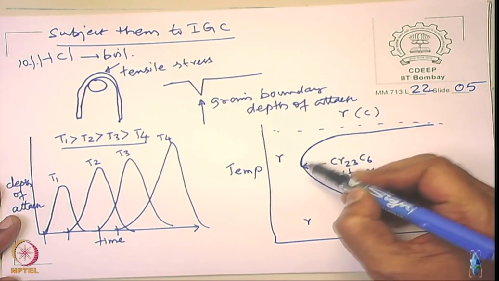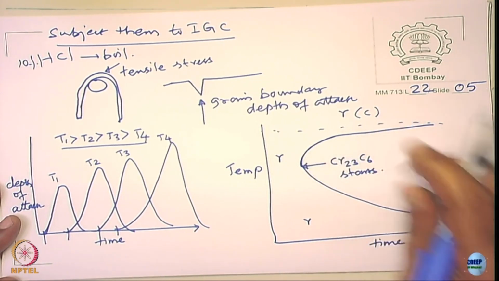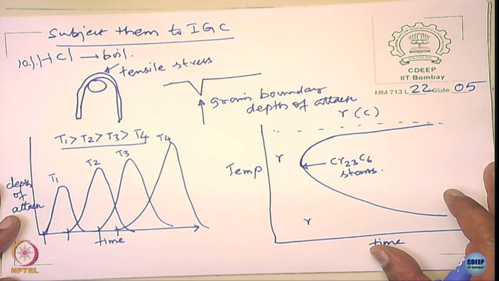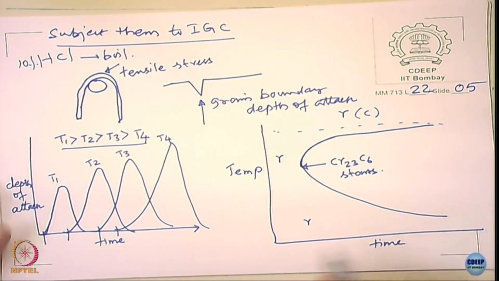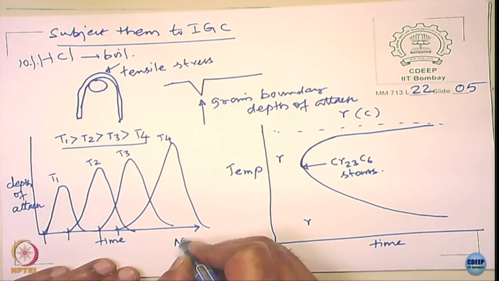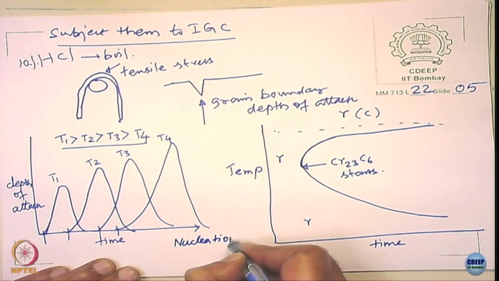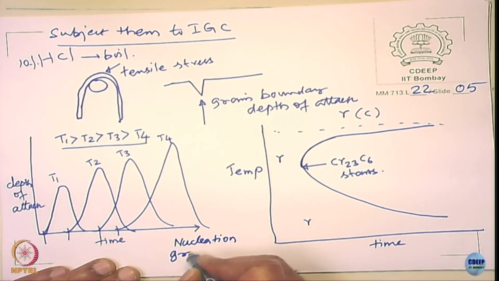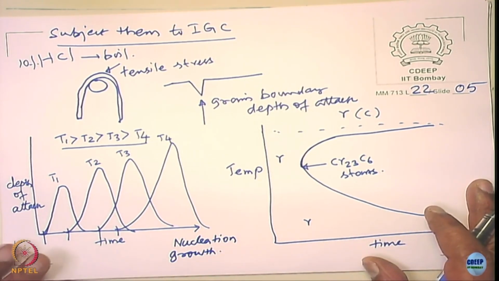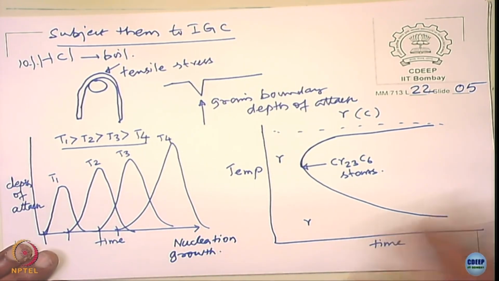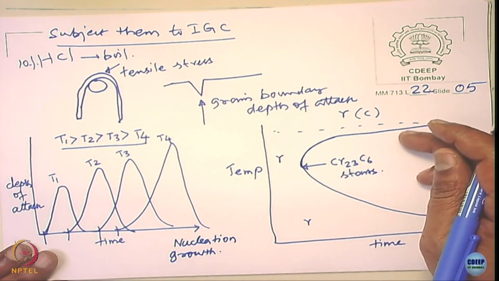The reason for that is related to two factors. If you can recollect, it depends upon the nucleation, and it also depends upon the growth process, and growth process requires higher temperature because the diffusion becomes faster.